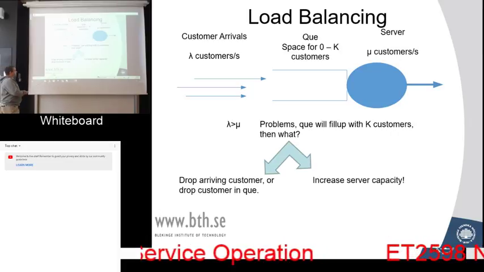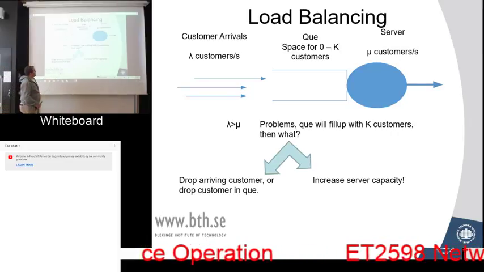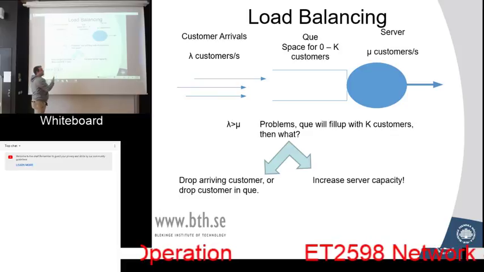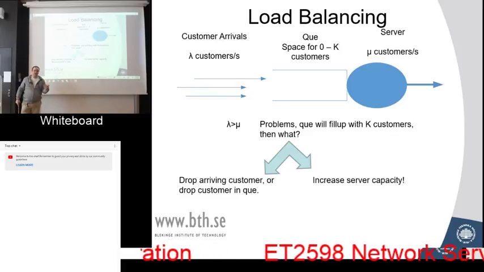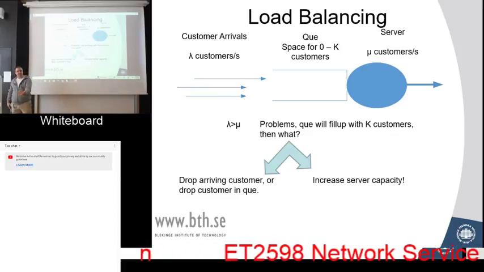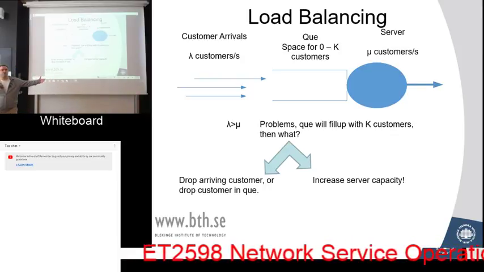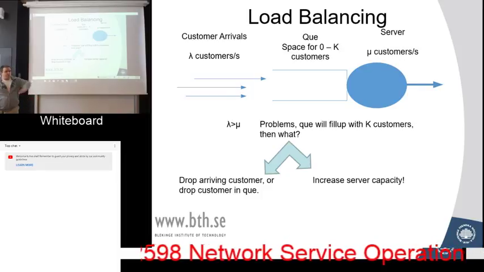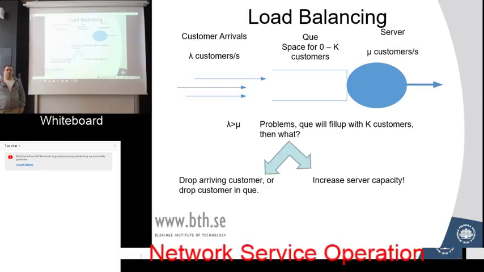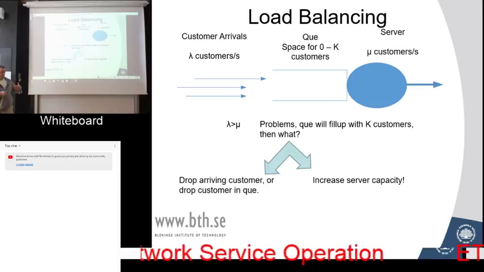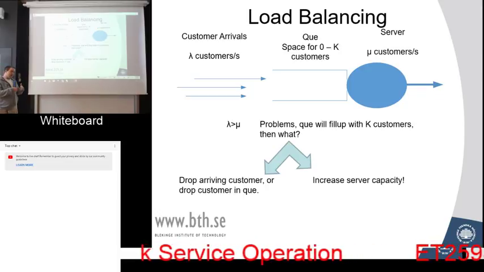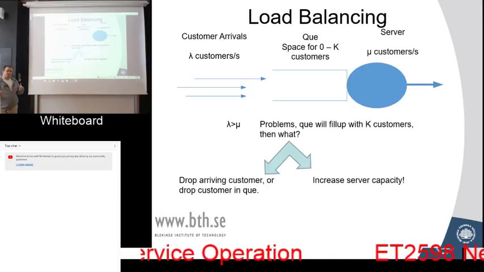What we can do here is that we can drop the customers when the queue size is exceeding a certain threshold. If we have more than 10 customers in queue, that's 2 seconds waiting time, we reject the customers. So then when the 11th customer arrives, it will be rejected.